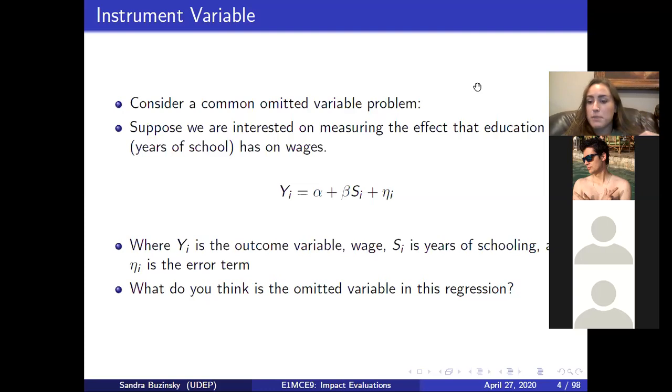So it might not just be that education is increasing your wage, it's that people with higher abilities are getting more education and also receiving a higher wage. So that's not the causal effect of education on wage, it's actually just this omitted variable bias in our estimate, right? So if we don't control for ability in our regression, will our beta on years of education be overestimated or underestimated?